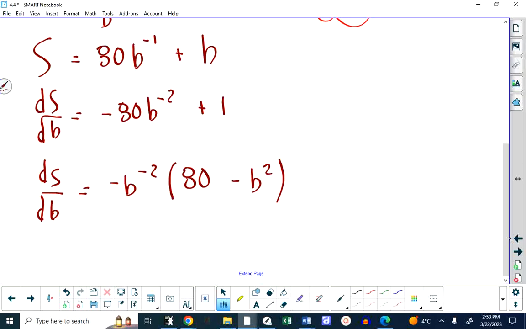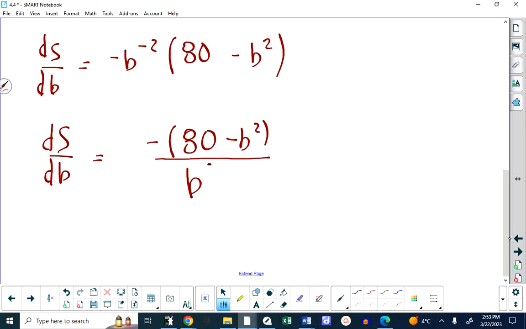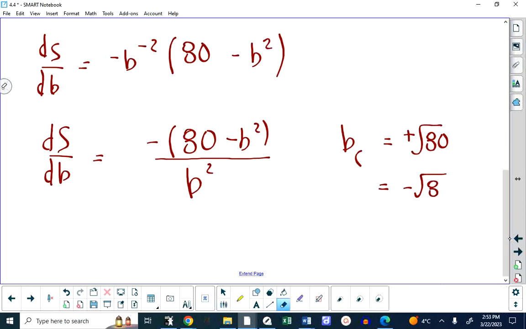Okay. Which means that dS/dB is negative (80 minus b squared) over b squared, which means here come our critical values for b: positive root 80, negative root 80, and 0.